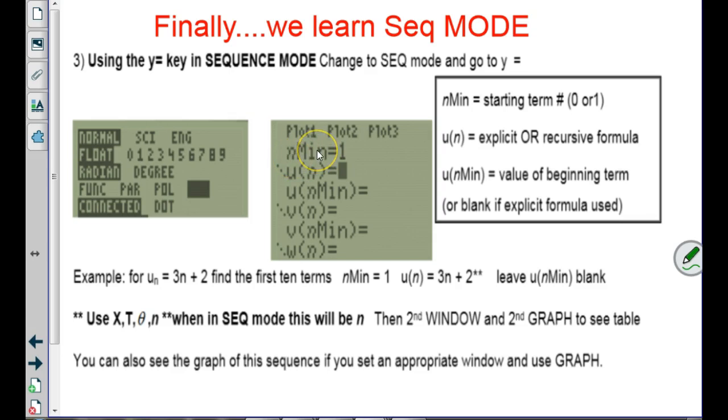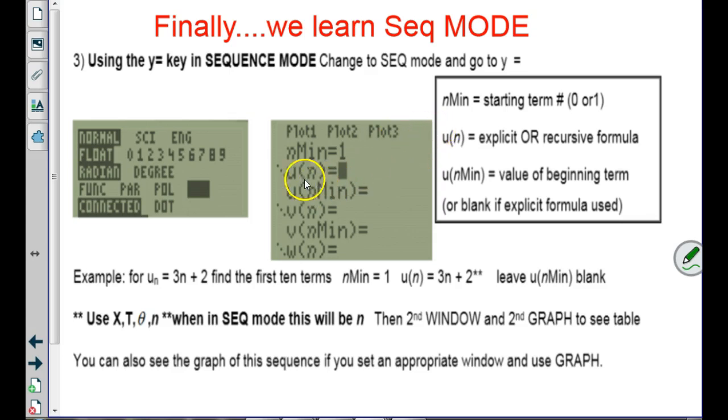N min stands for the minimum term number. Term number, not the value, the term number. It's usually 0 or 1. I think it defaults to 1. We'll talk eventually, when we do some application word problems, about why we might want a 0 there.